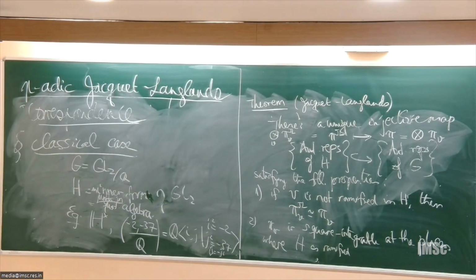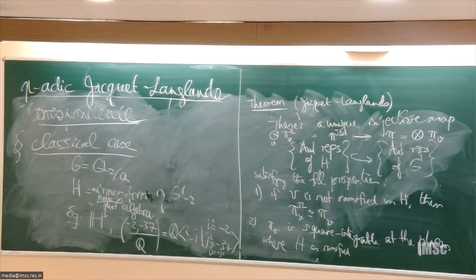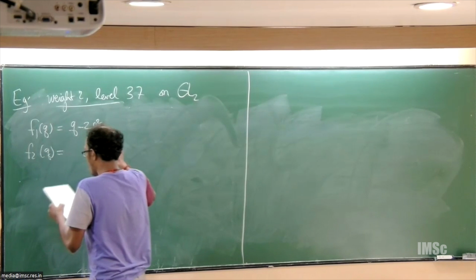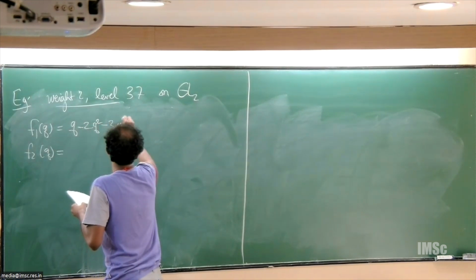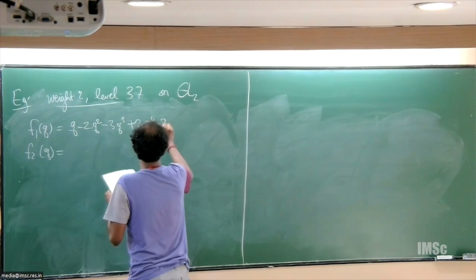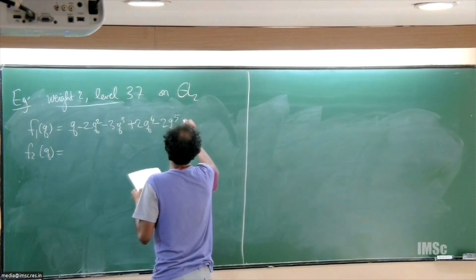This space, you can compute, turns out to be two-dimensional. So let me write down their q-expansions. It's of the form q minus 2q squared minus 3q cubed plus 2q to the 4. I don't need to write quite so many coefficients because it's a small dimension, but let me do that anyway.